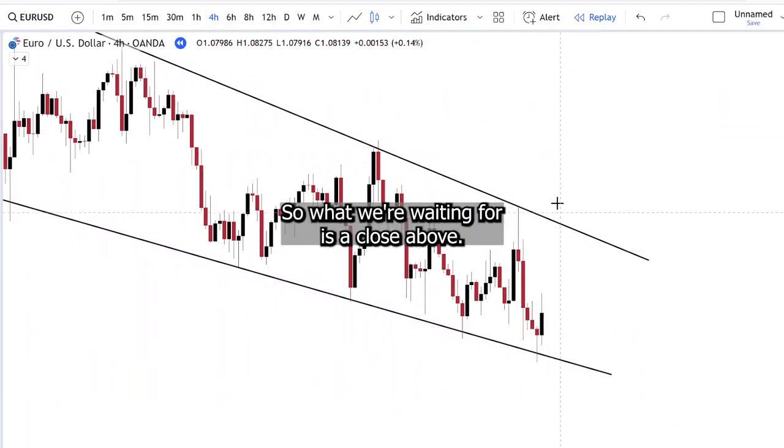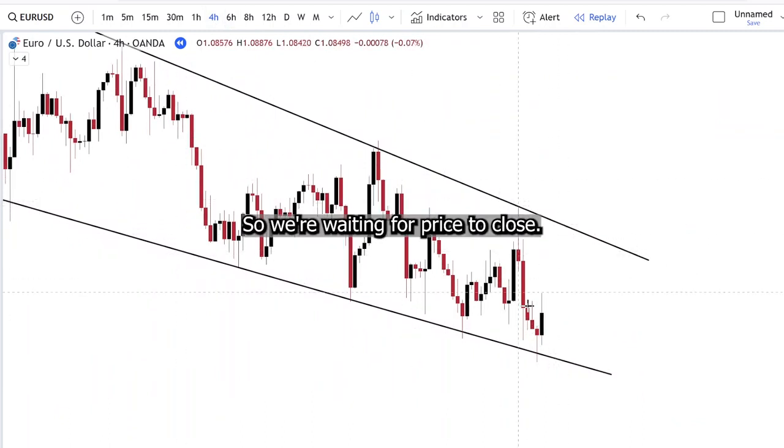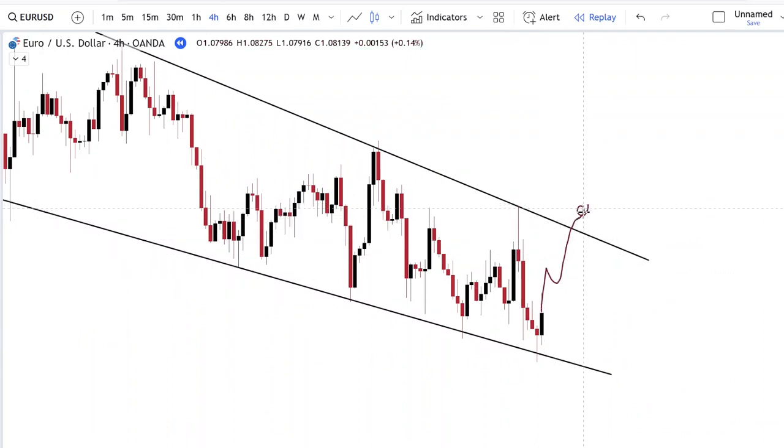So what we're waiting for is a close above. We're waiting for price to close above this range and either come back in and close below, or we would look for a significant shelf and trade the breakout.